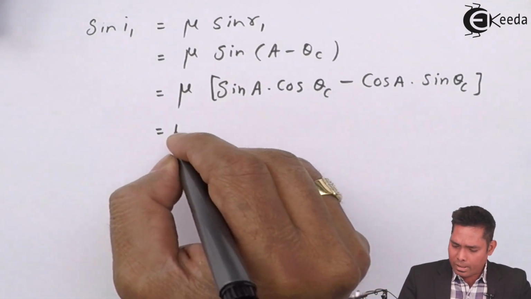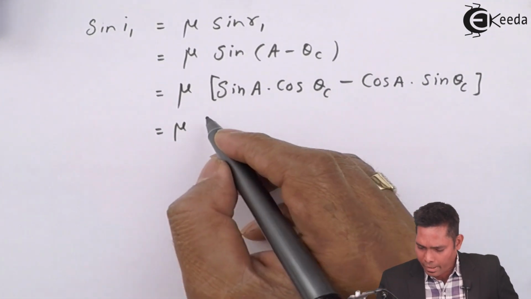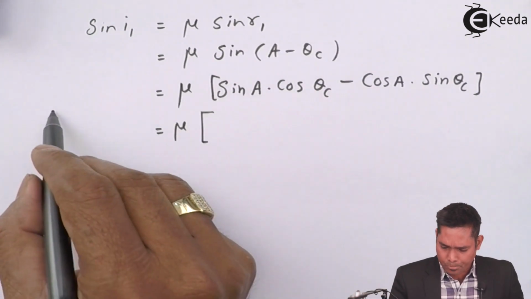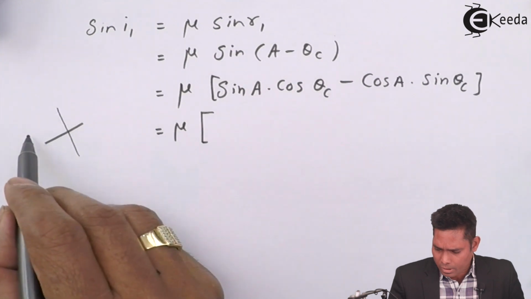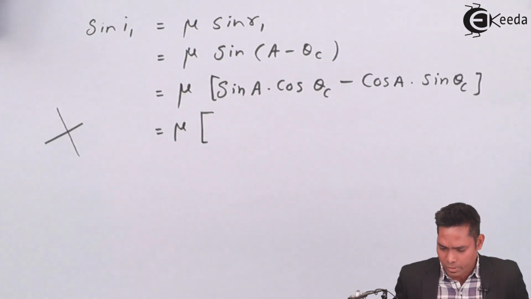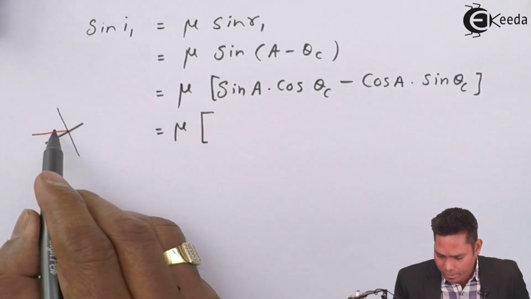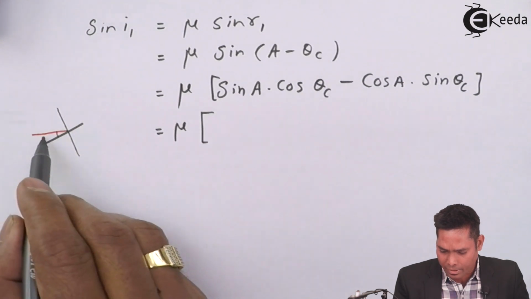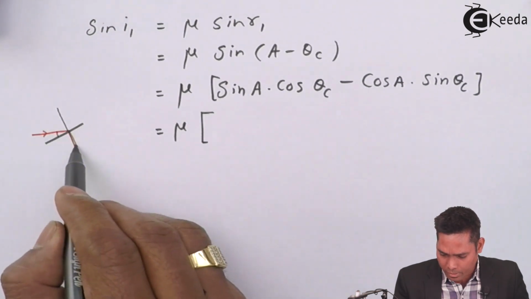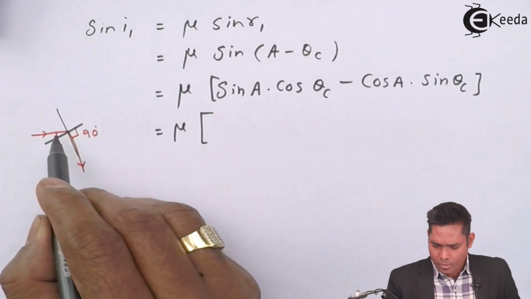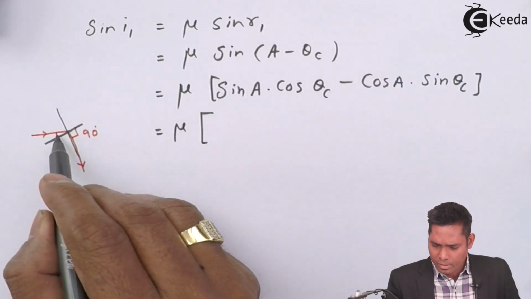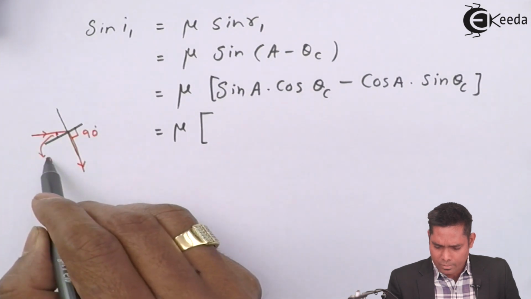So if I solve this, then this becomes mu, and for this second surface, this is the normal. The ray was going like that. This was the incident angle, and this is the surface. This is becoming 90, and this angle is the critical angle.